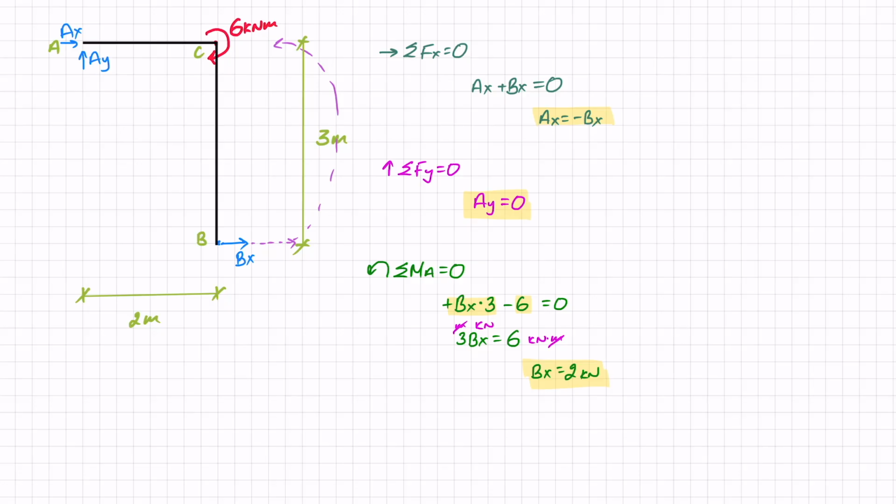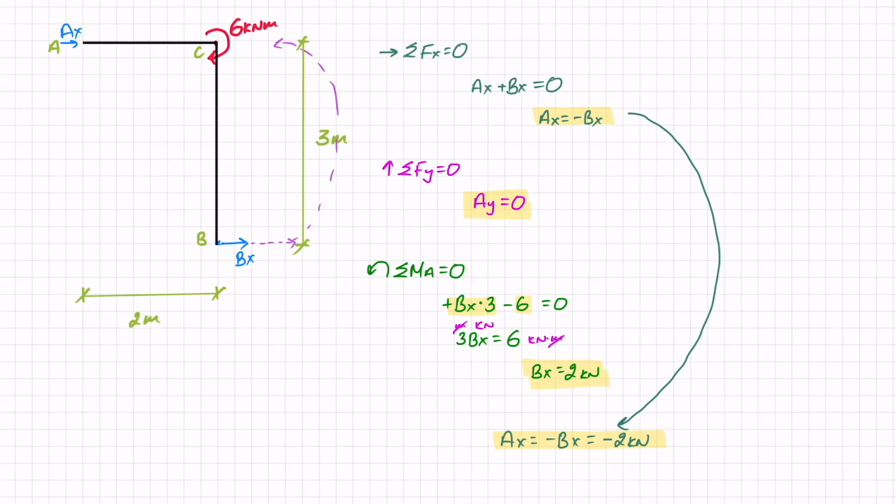And that's it. The only thing we have left to do is go back to our first equation, and we know that AX equals minus BX, and therefore AX equals minus 2 kilonewtons. And the only thing we have left is to write these back into our diagram. So starting off with AY, that was 0, so I can just get rid of that. AX worked out as minus 2 kilonewtons. The minus means that I assumed a certain direction.